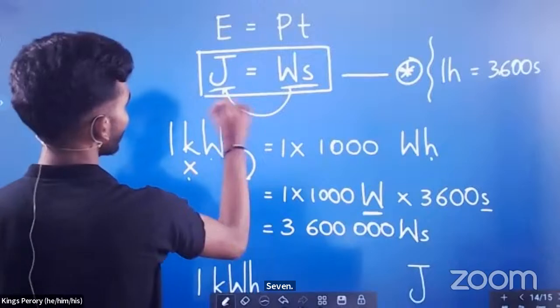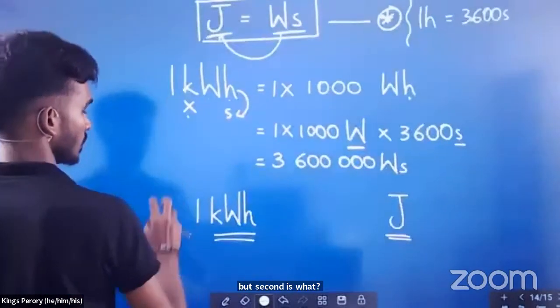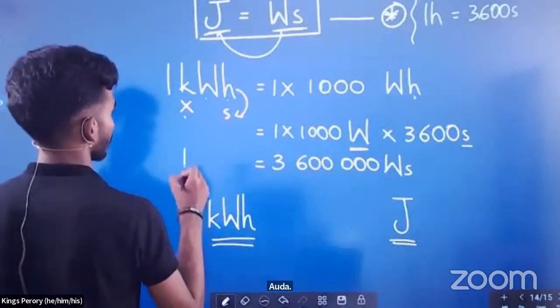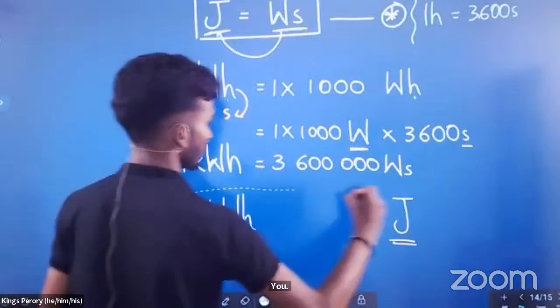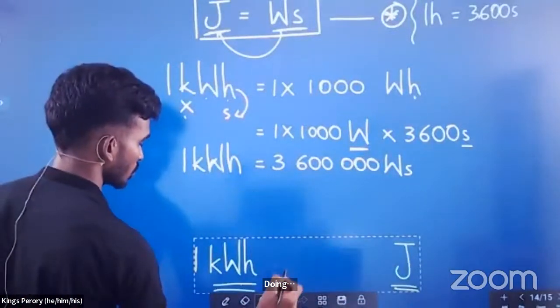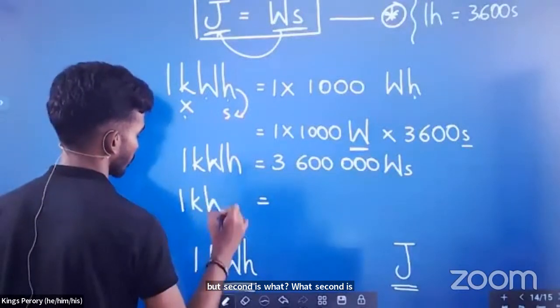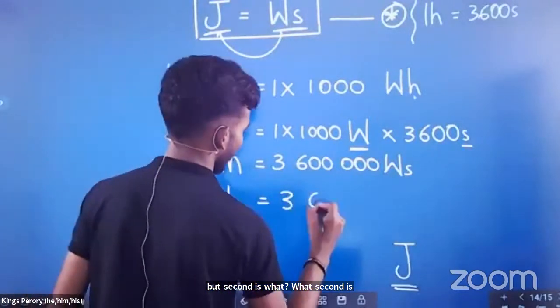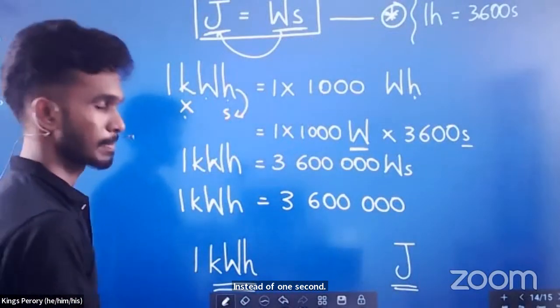Now you all tell me, what is watt second? Joules. This side, 1 kilowatt hour is remaining. Watt second is joules, so instead of watt second I can write joules.